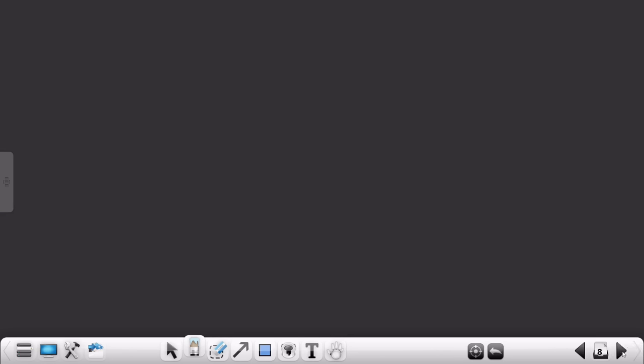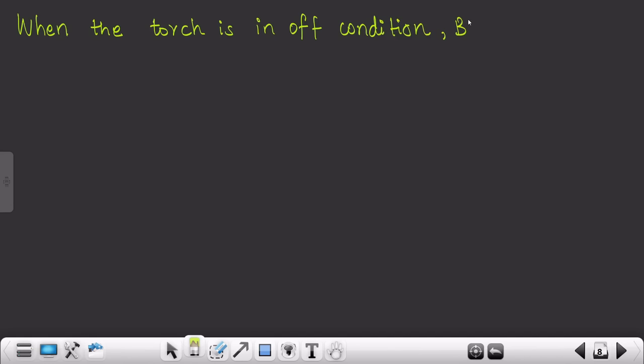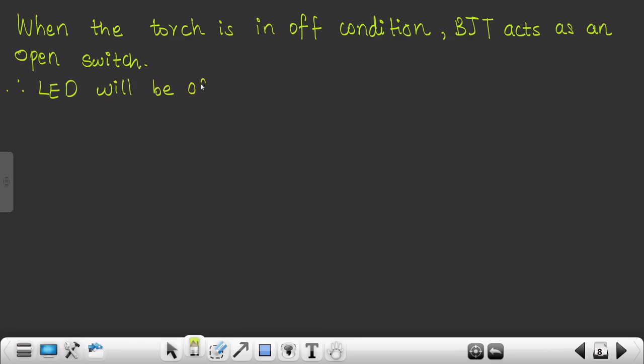Therefore, when the torch is off, the BJT acts as an open switch, and therefore the LED will be off.